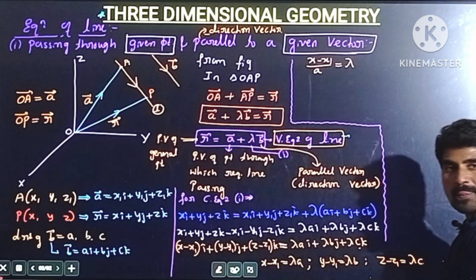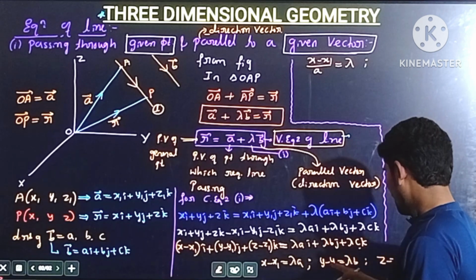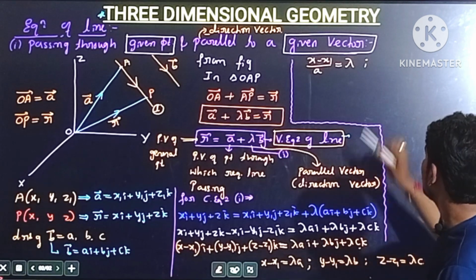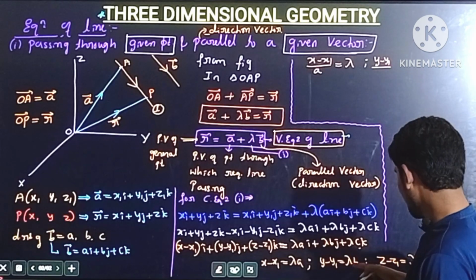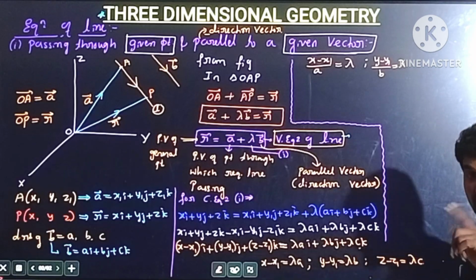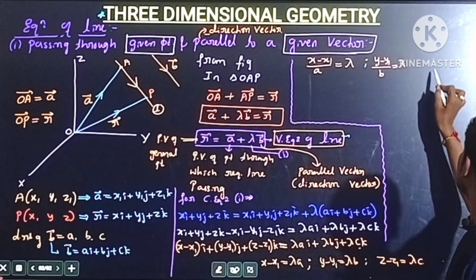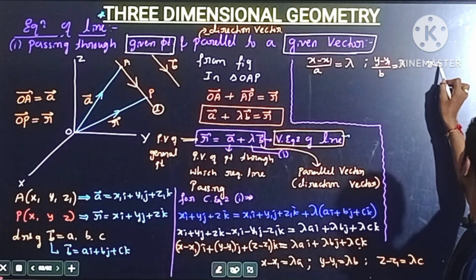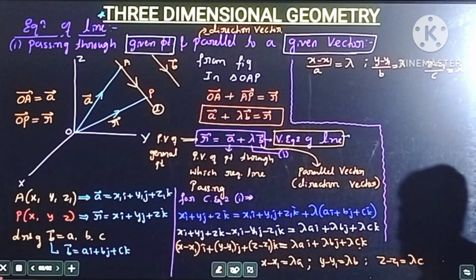And from the second equation, y minus y1 equal to lambda b can be written as y minus y1 divided by b equal to lambda. And similarly, from z minus z1 equal to lambda c, we may write it as z minus z1 divided by c is equal to lambda.